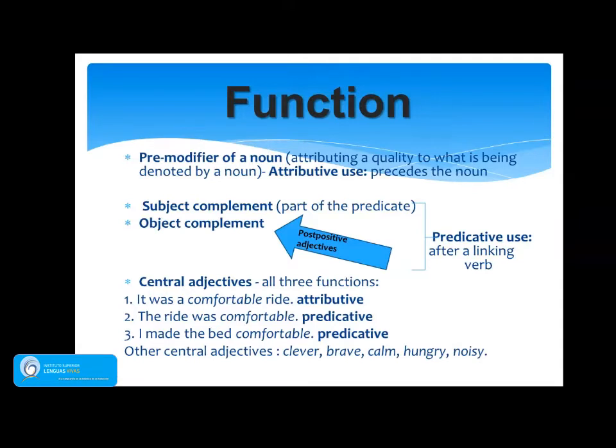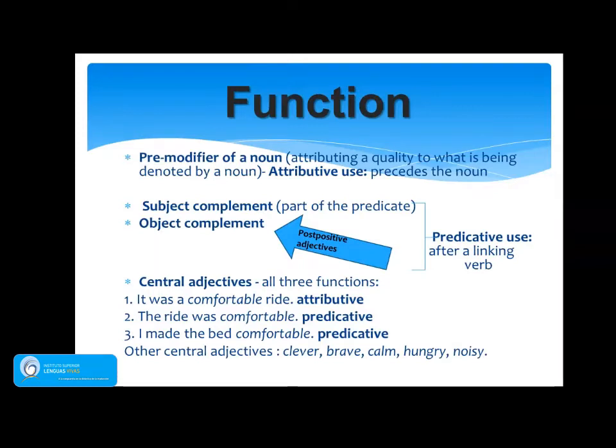Or we also find it after the object, the bed, and it also has a predicative use here. Some authors say that these adjectives coming after an object complement are post-positive adjectives.